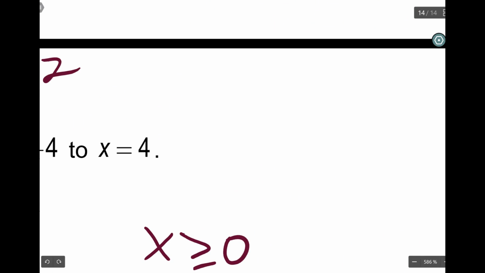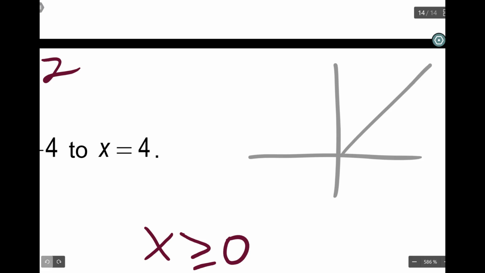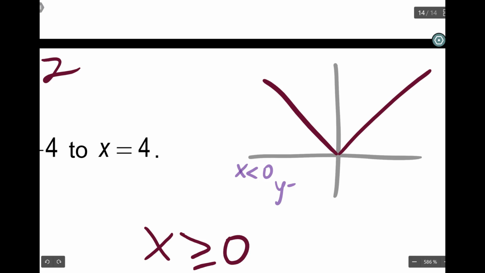Because if you have, okay, check this out. You have the absolute value function. It looks like this. So I have this cusp at x equals 0. So I'm going to split it up and say, when x is less than 0, y is going to equal -x, because you look at the graph and see that.